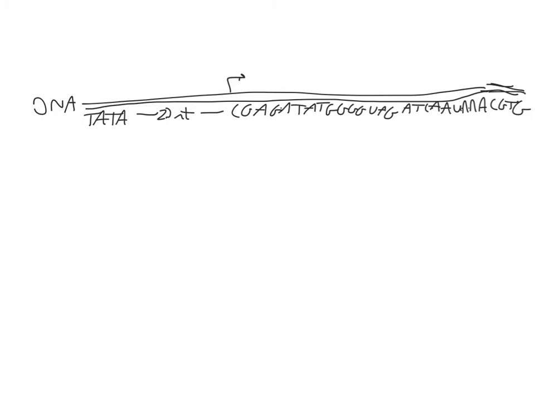I've given you a bit of a hint here that this is the transcription start site. Because you don't ever really know, it's about 20 nucleotides downstream of TATA. That's where TATA binding protein binds.